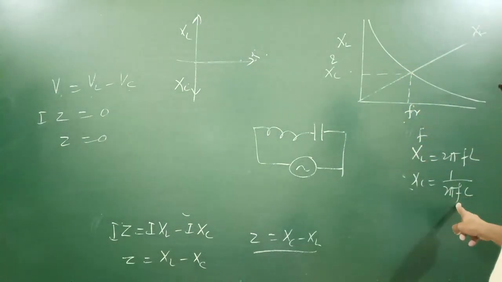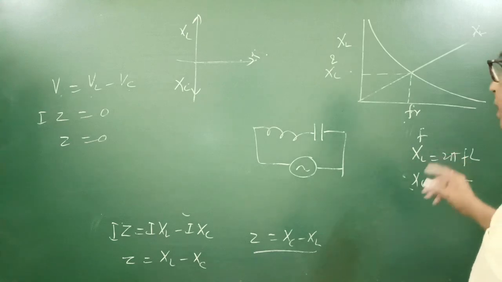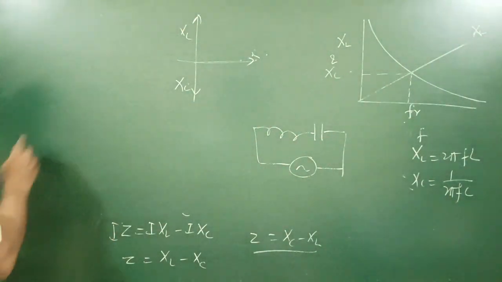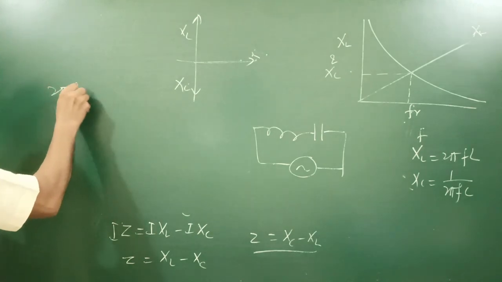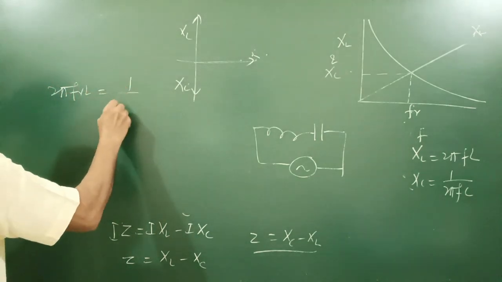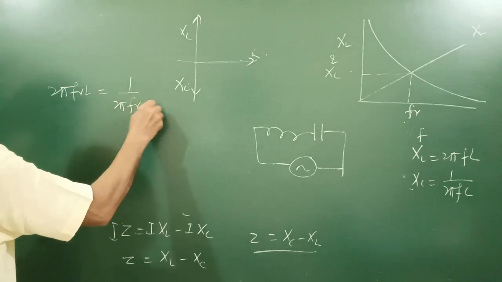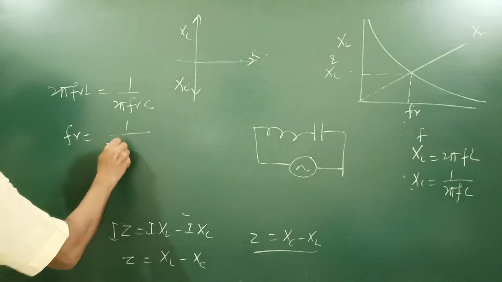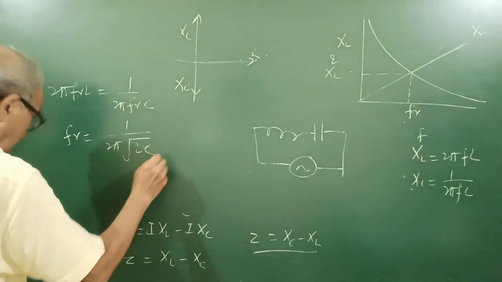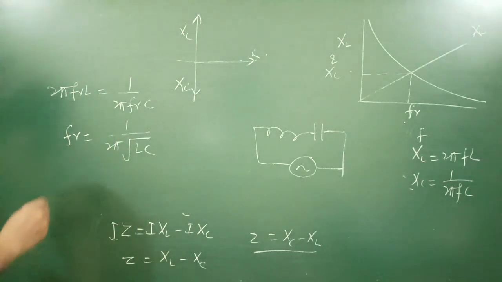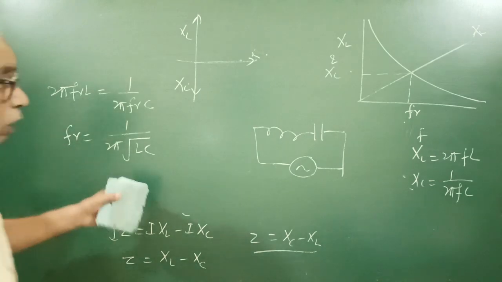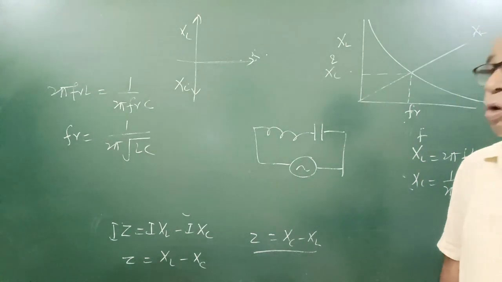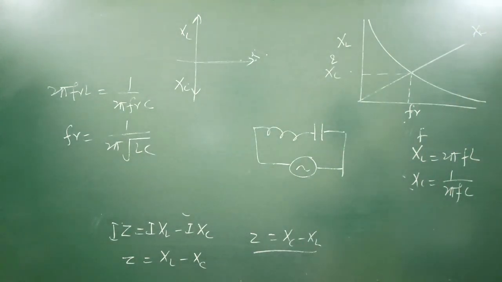At the resonance condition, XL equals XC, so you get 2 pi FR L equals 1 upon 2 pi FR C, or FR will be 1 upon 2 pi under root LC. The value of resonant frequency depends on L and C, and is called the natural frequency.